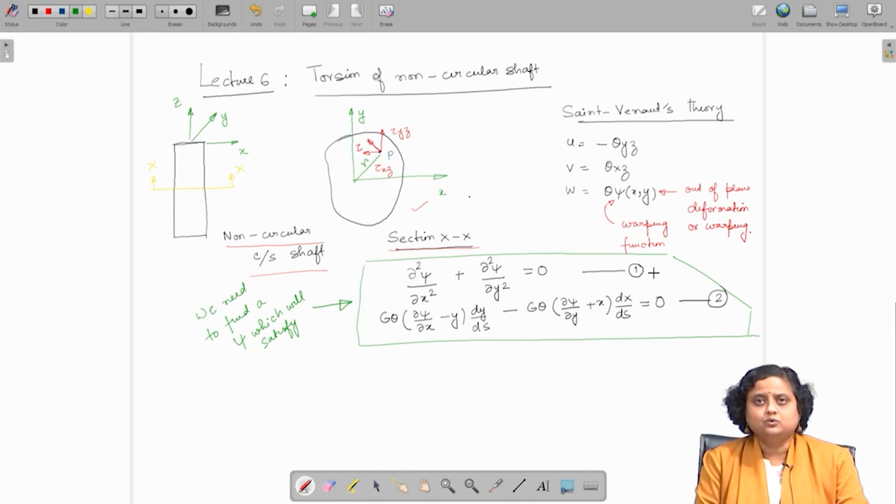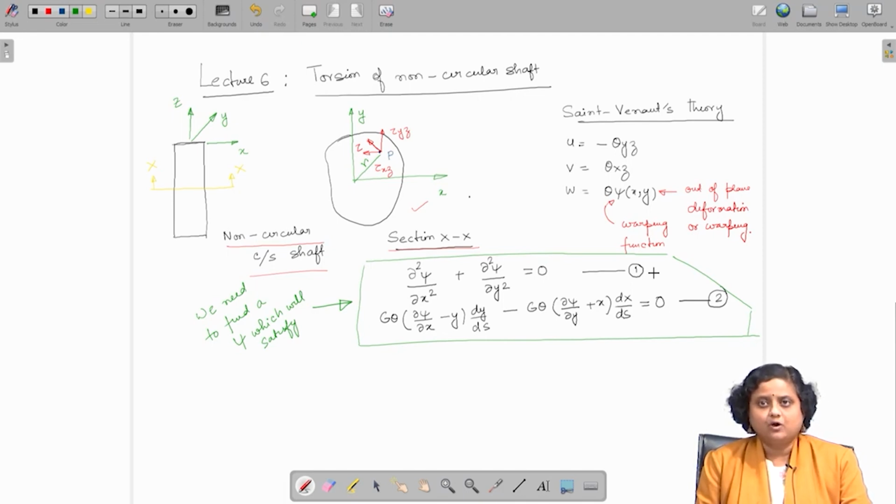So, in order to circumvent this limitation, a new methodology based on Prandtl stress function has been formulated, which follows the same theory, which follows the same displacement field, but uses a new stress function which makes the calculation much easier. So, let us move into finding out what is Prandtl stress function and how it can be used to solve the problem of torsion of non-circular shaft.